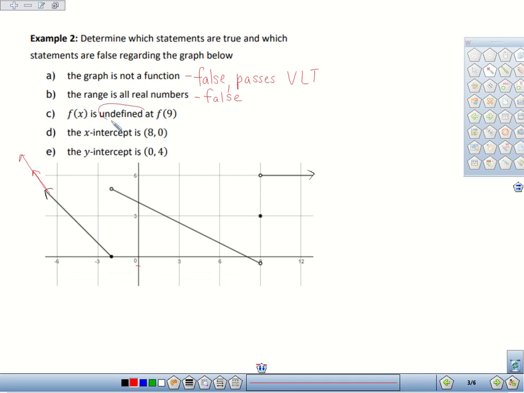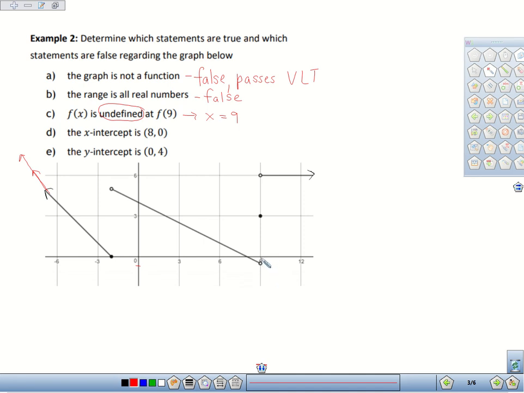f(x) is undefined at f(9). We talked about this notation a few days ago, but in case you forget, all this means is where x equals 9. So what we do is we look at where x is 9, which is right here, because the graph's going by 3s, which is odd, but it is going by 3s.